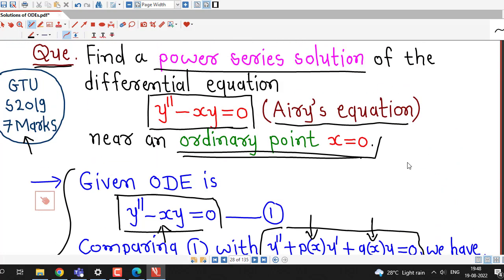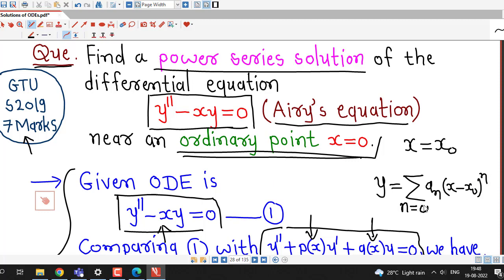Now we know that if x equal to x0 is ordinary point, then equation has power series solution in powers of x minus x0. We have discussed this power series method in lecture number 4, and we know that if x0 is an ordinary point, then differential equation always has power series solution in this form an times x minus x0 raised to n.